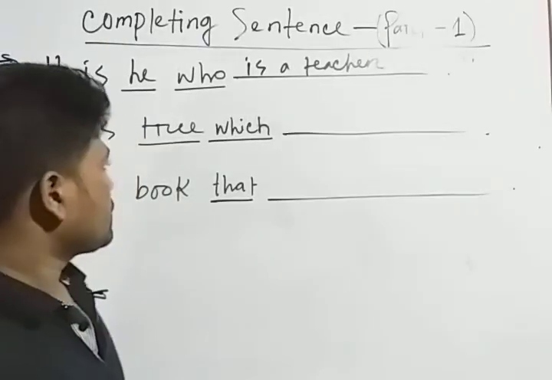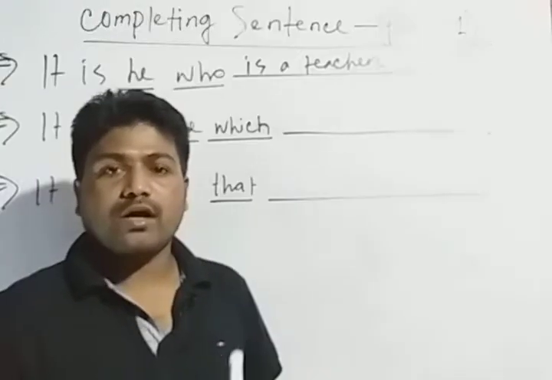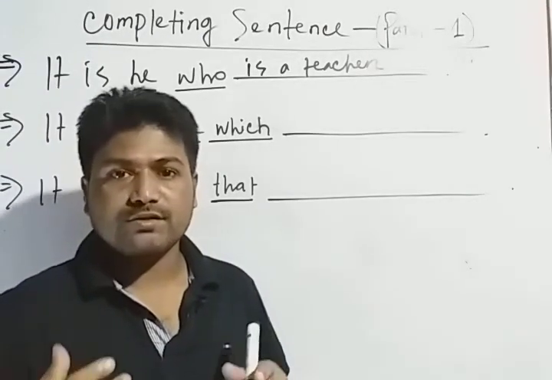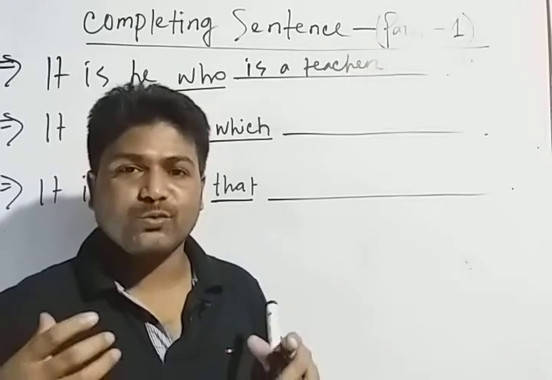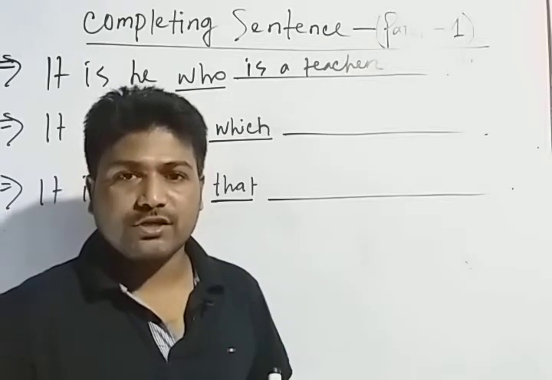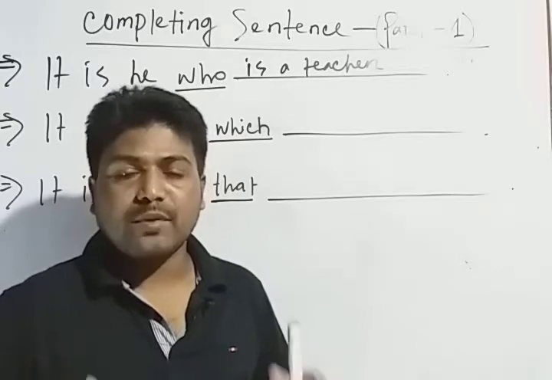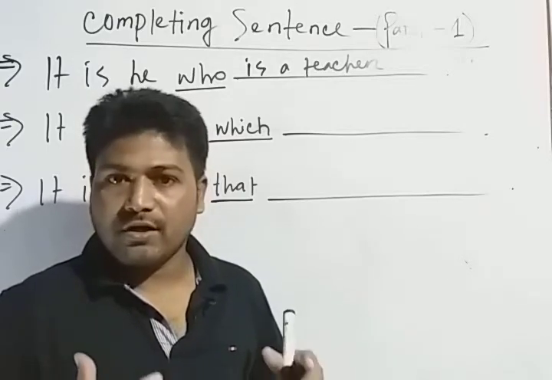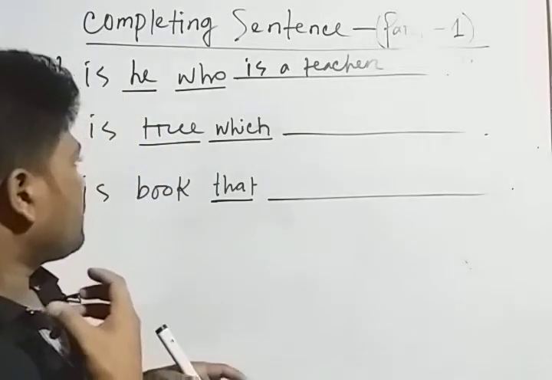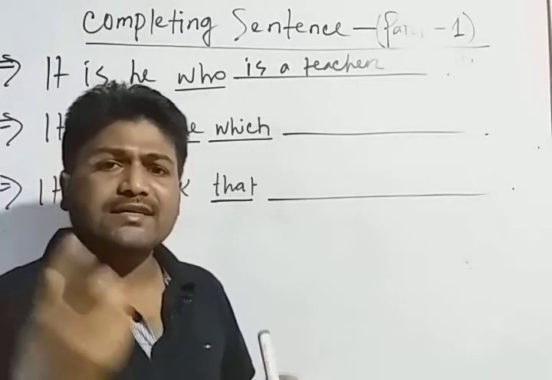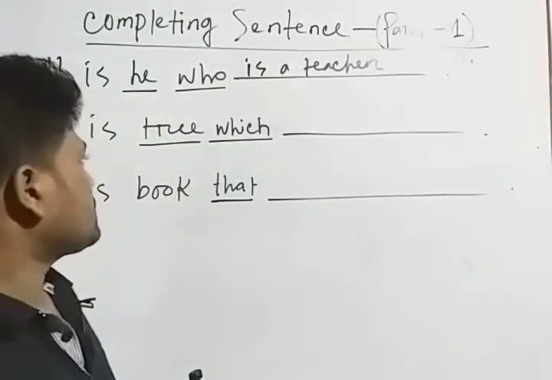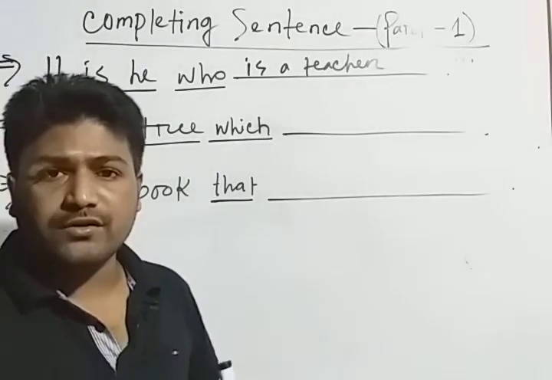For example, tree is our best friend. Tree gives us food, tree gives us wood, tree gives us shelter, tree gives us oxygen. We can make many kinds of sentences by using tree. We can use just an easy sentence, that is, tree is our best friend.